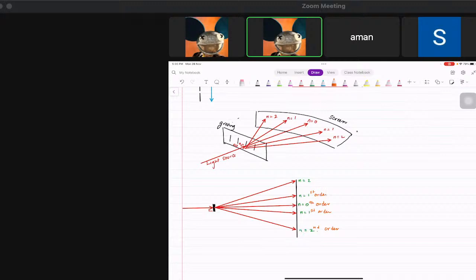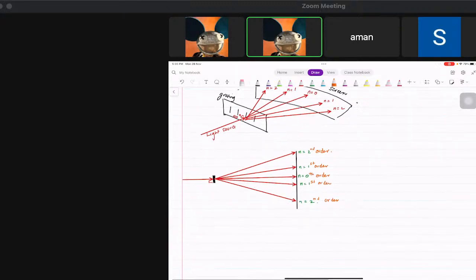So it's basically like a palindrome. Now, for each order, there is a separate angle. Like for 0 to 1, it would be theta 1, and from 0 to 2, it will be theta 2, and so on. Okay.